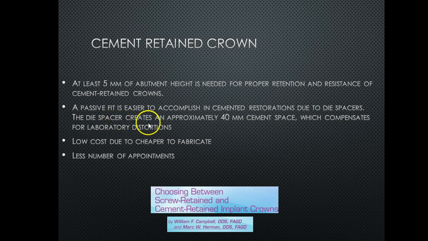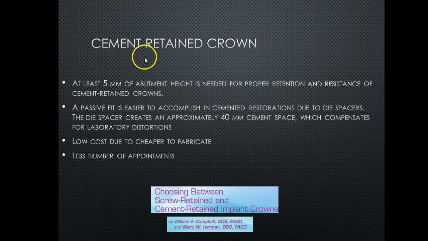The die spacer creates approximately 40 micrometers of cement space, which compensates for the laboratory distortion. So it makes it easier to have it nicely fit in, because even if you have a discrepancy, up to 40 micrometers can be filled up by the cement.